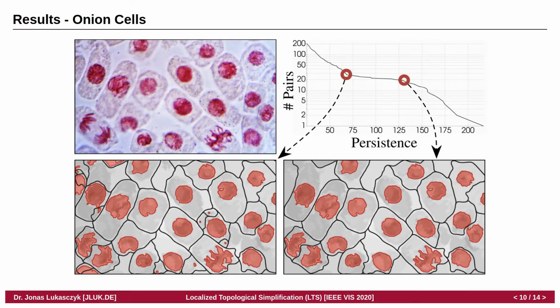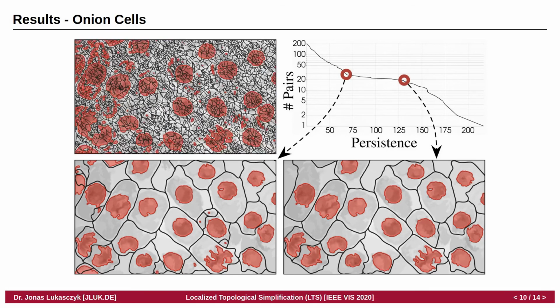In the next example, we characterize the boundaries and nuclei of plant cells via contours, superlevel set components, and separatrices of the Morse-Smale complex. If we use this feature characterization on the unsimplified input image, we end up with a lot of false positives due to noise. In this example, it makes sense to suppress non-persistent maxima-saddle pairs, and to determine sensible persistence thresholds, we can examine the persistence curve if it exhibits any plateaus.